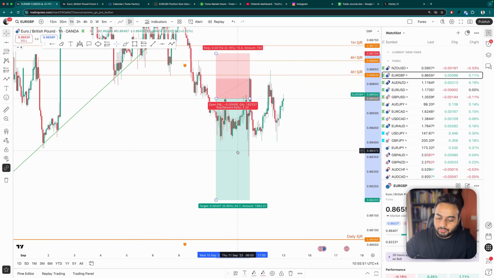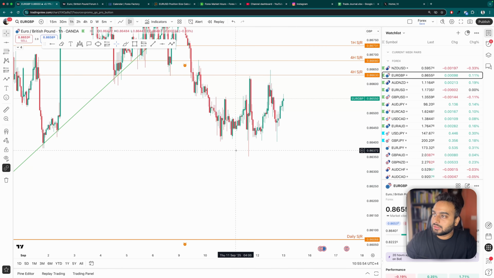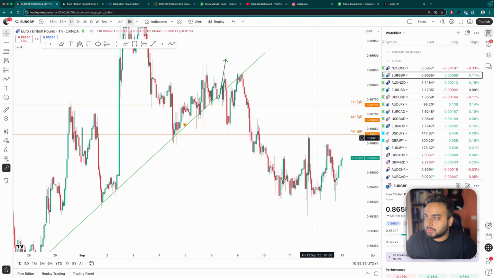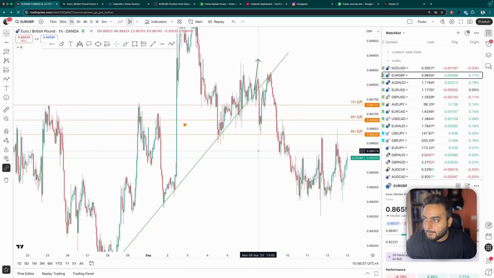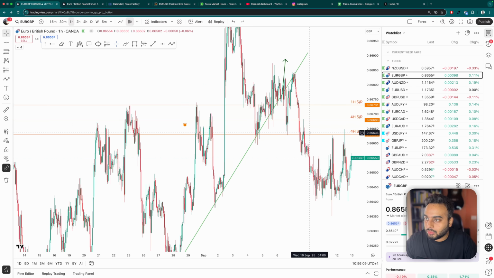Now let's see what's there this week. So this also broke trend line this week. And if you see, it has clearly retested beautifully and then moved down. But the only problem for me to not enter was around these areas, because if you see, this right here is a resistance line, right?